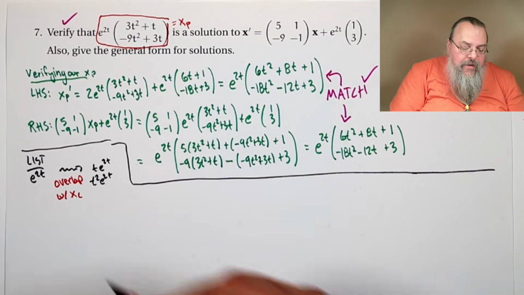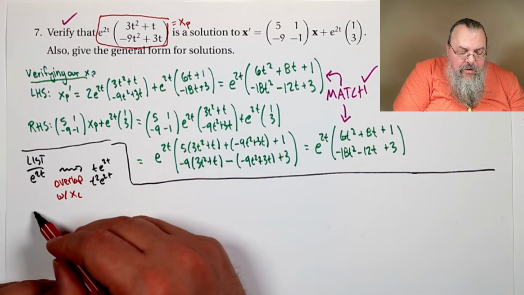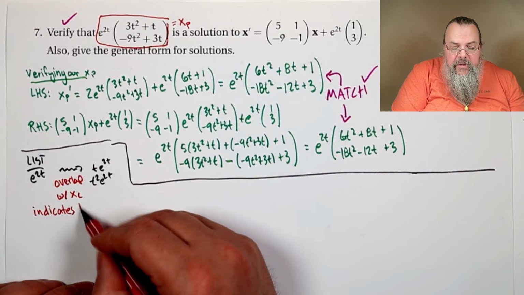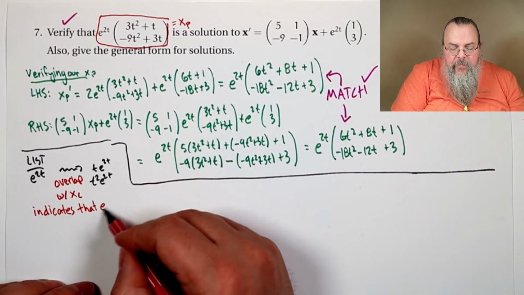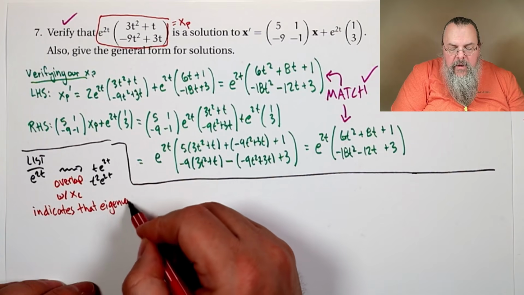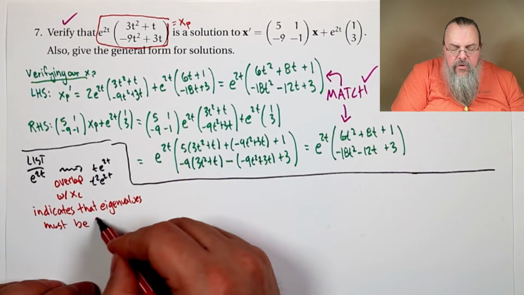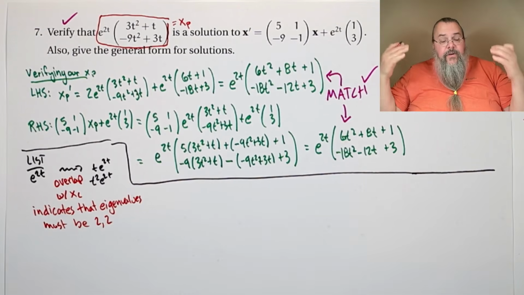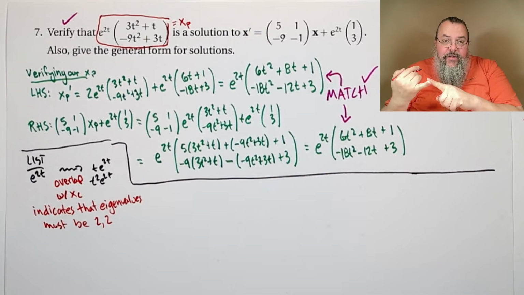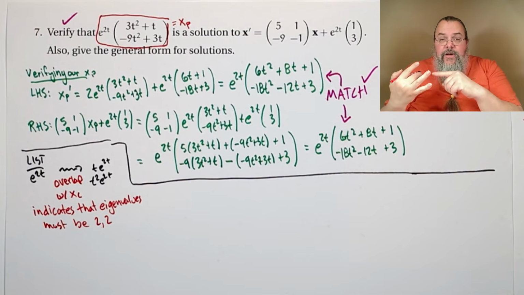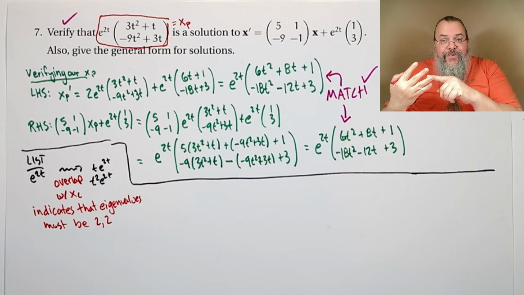The overlap with xc indicates that the eigenvalues must be 2 and 2, right? The only way we could overlap is if we had 2 as an eigenvalue, but because we had an overlap of 2, it had to occur twice.